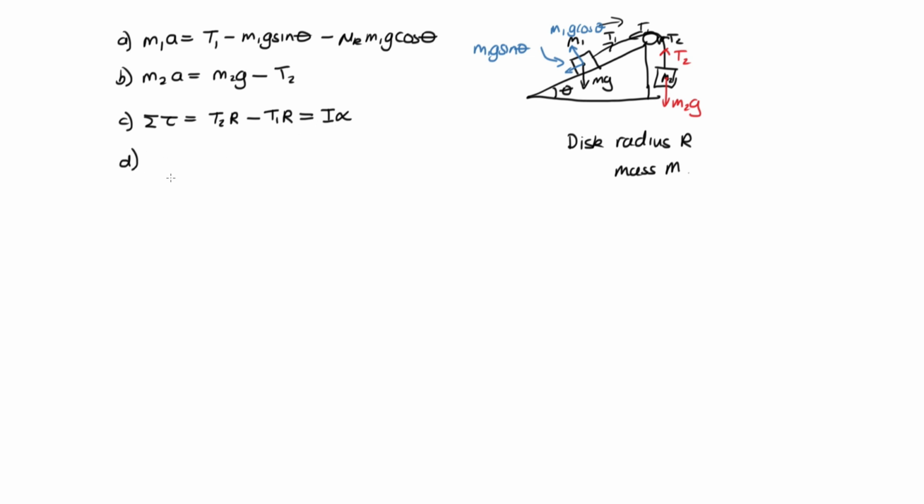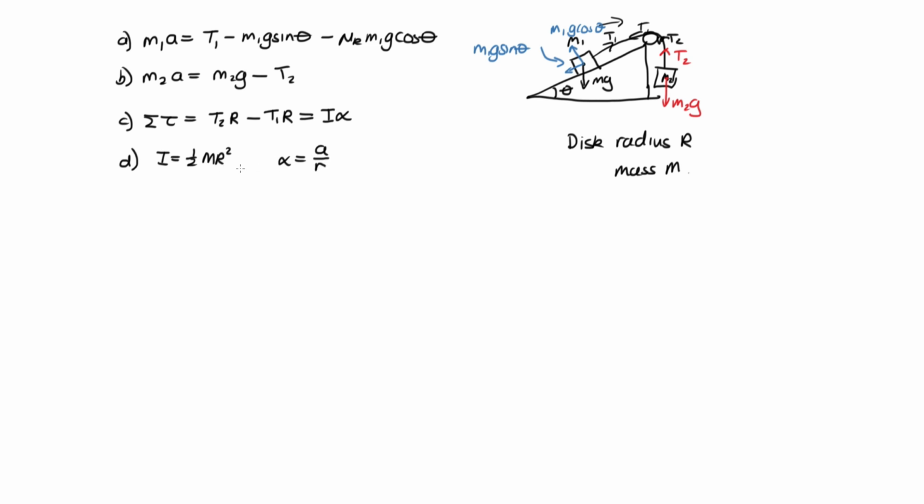Now in part D, it asks us to combine these expressions to come up with acceleration. So the first two are fine, they've got acceleration, but we're going to need to work on this third one a little bit in order to get our acceleration. So we know that the moment of inertia of a disk is given by a half Mr squared, and the alpha is related to the acceleration through a over r.